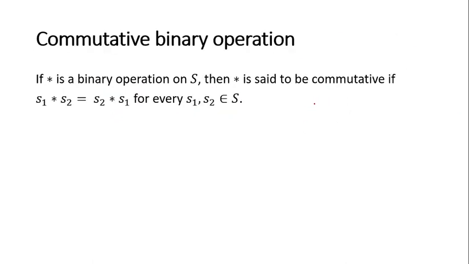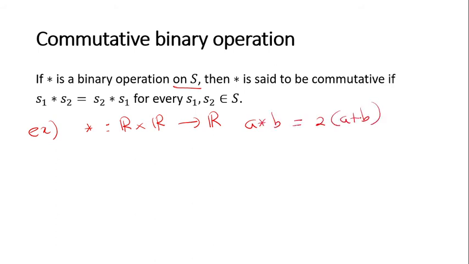Let's move on to find out what a commutative binary operation is. It's really easy. If star is a binary operation on S, then star is said to be commutative if s1 star s2 equals s2 star s1. For example, let's say star is a binary operation which acts on the set of real numbers, and I'll define it this way: a star b equals 2 into a plus b.